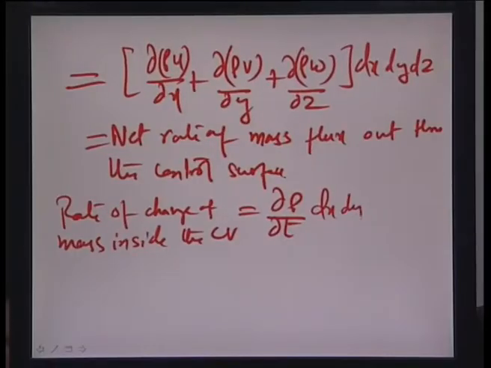For incompressible flows, of course, this d rho by dt does not make any sense, because it is 0. Okay. We assume that the density is constant temporally, there is no variation of density with time. Times of the control volume del x del y del z. Okay.